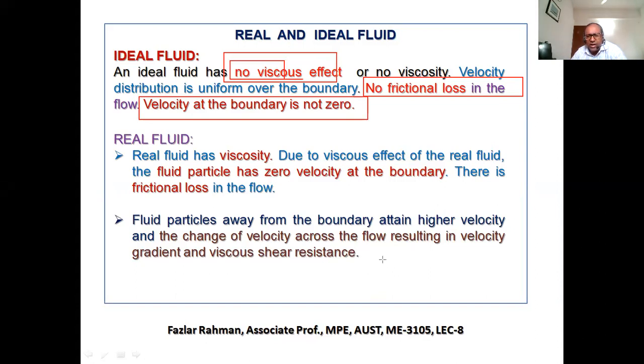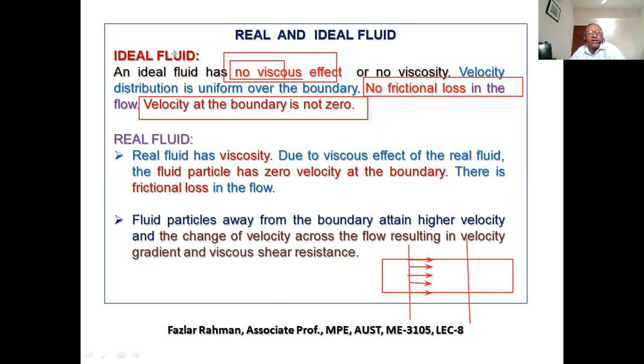So if you ignore the viscosity of the fluid, then the velocity distribution of the fluid will be uniform. That means if at the wall it is this much, then in the middle it will be the same. Everywhere the velocity profile is the same, even at the wall it is not 0. This is the velocity profile of an ideal fluid if you ignore the viscosity.